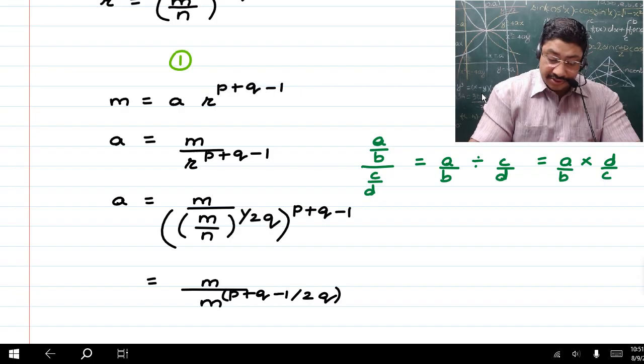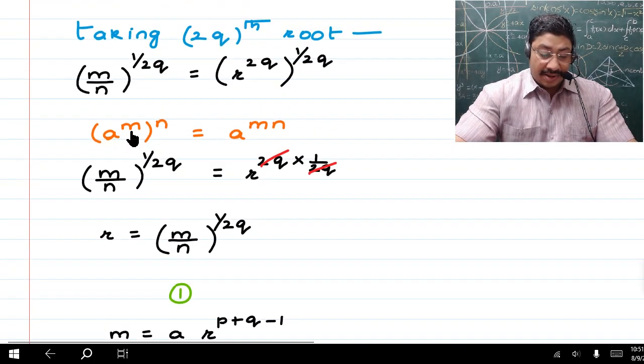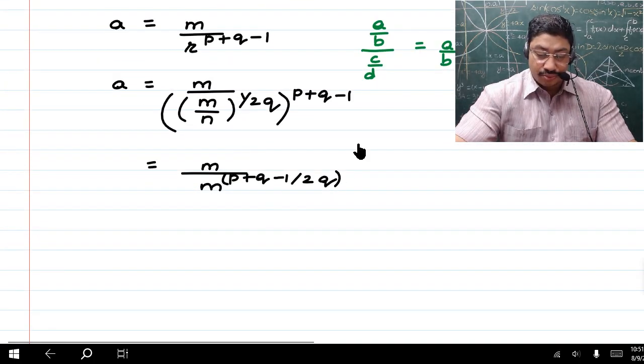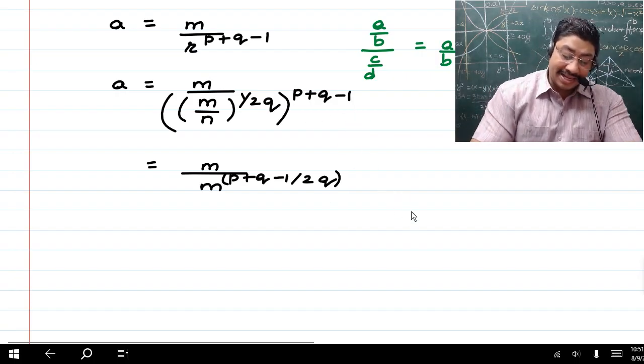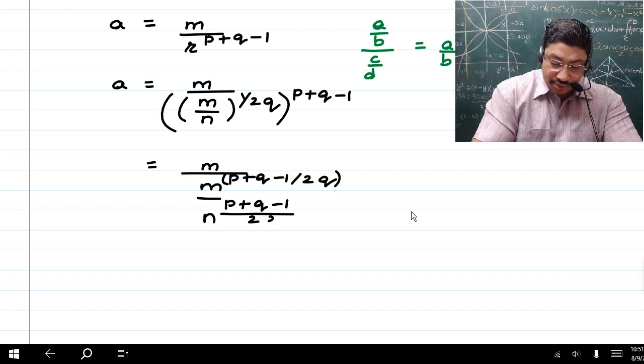That is because we have seen earlier that if we have some a raised to the power m, which is whole raised to the power n, then we get a raised to the power m into n. So here too we have multiplied both of these powers. And in the denominator children, we will again have the power of n in a similar way to be p plus q minus 1, divided by 2q.